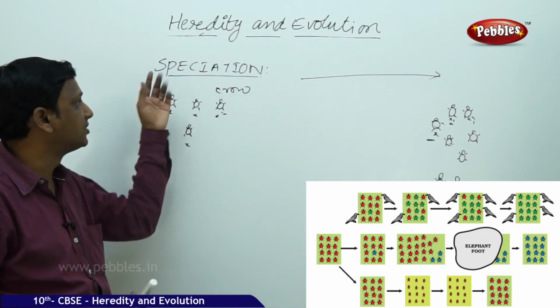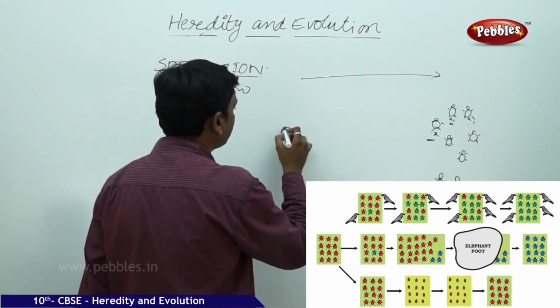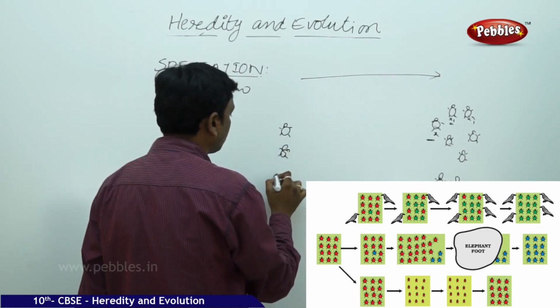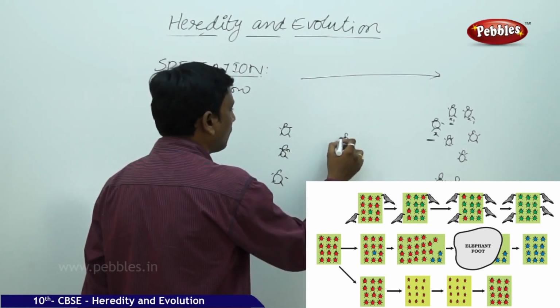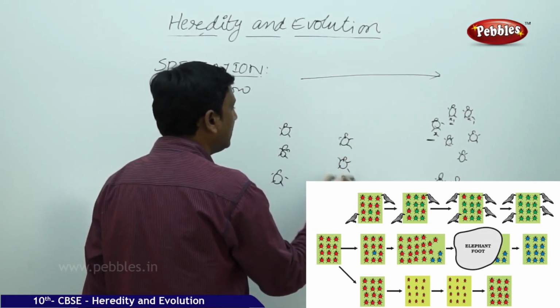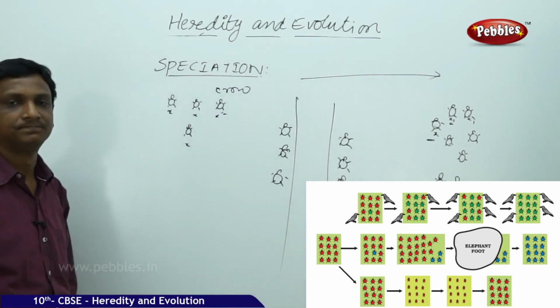This is called speciation. Say, for example, there are two groups of beetles, here one group, here one group. These two groups are separated by a big stream or river.